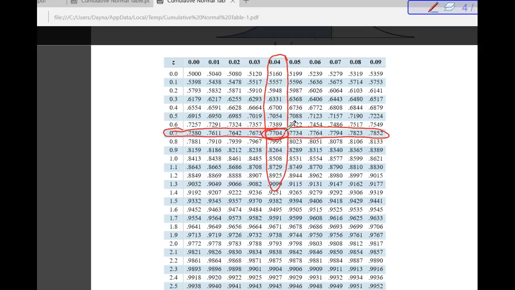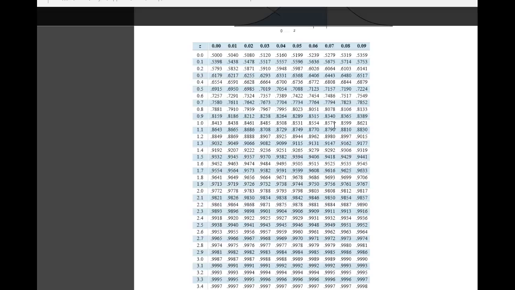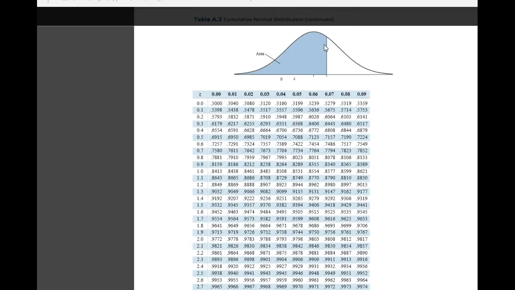So the area to the left of z equaling 0.74, the probability that z is less than 0.74, is equal to 0.7704. What that means is that it has taken up more than half of the table plus some extra.